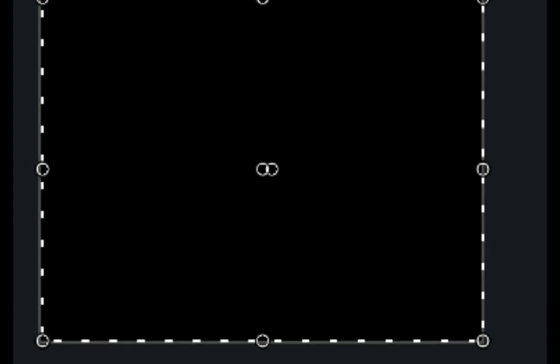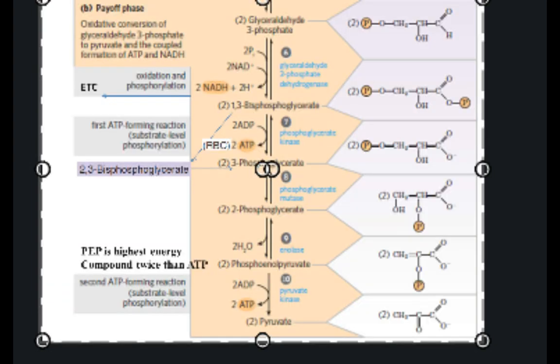In other cells, because these NADH will undergo the electron transport chain, one NADH, when it enters the electron transport chain, will synthesize almost 3 ATP. So if there are 2 NADH, it means there will be 6 ATP, and 4 ATP are synthesized at substrate level phosphorylation.